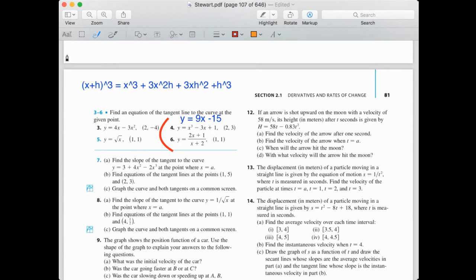So we substitute now the ones for the point that was given: y minus 1 equals 1 over 3 times parentheses x minus 1. And if we simplify, it will give us y equals 1 over 3 x plus 2 over 3.